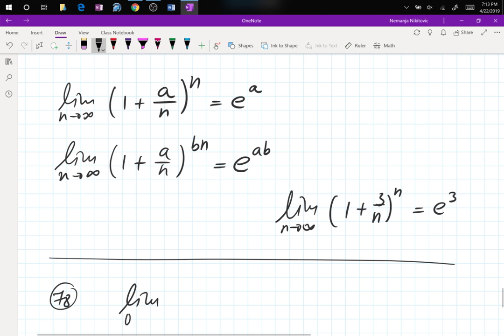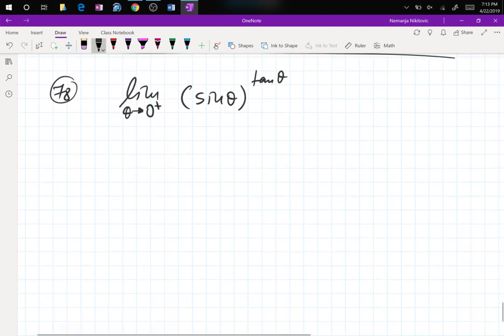The limit as theta goes to 0 from the positive side of (sine theta) raised to tangent theta. This is poetry. There's no numbers here, just letters. This is all positive, by the way.